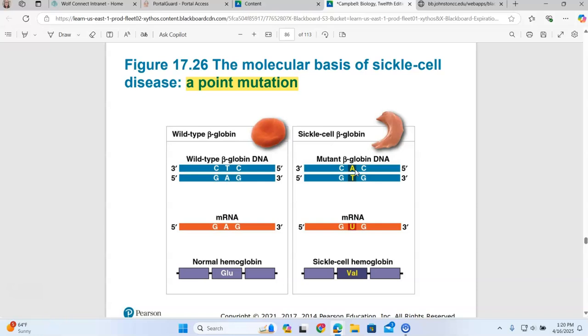So when the messenger RNA is produced, instead of being GAG, it's now going to be GUG. Okay? GAG codes for glutamate, I believe. Glutamate, GLU, is the amino acid. And GUG codes for the amino acid valine.